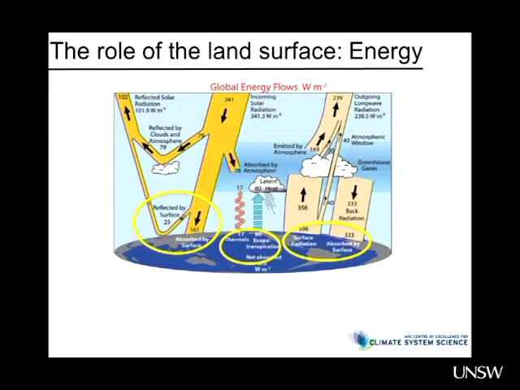And I will talk at some length about why the balance between those 2, the way that the total energy is partitioned between those 2 fluxes, is really, really important. And it really doesn't matter too much what issues you're interested in, at least in land or atmospheric science. How the energy is partitioned between sensible and latent heat flux actually matters to you if you're interested in droughts or heat waves or deep convection in the atmosphere or the role of clouds or a whole range of other things.